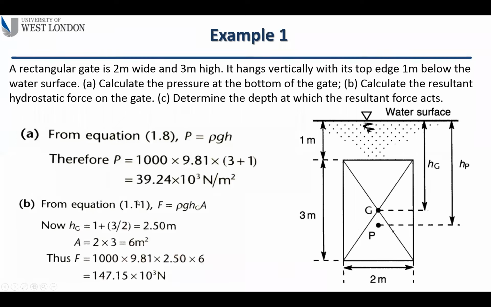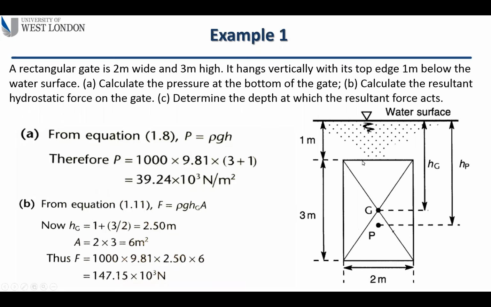Let's look at section B, the force. We calculate the pressure at the centroid, rho g h_G, where h_G is the depth of the centroid of the area, times the area of the surface. So rho g h_G times A. What is the centroid?